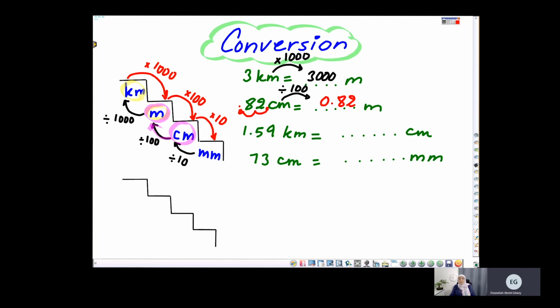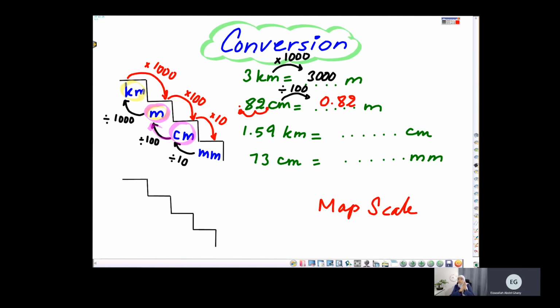What about 1.59 kilometers? You want to change them into centimeters. It looks like there is a coming lesson, which is map scale. In map scale, we will learn that we have to draw many countries on a piece of paper.